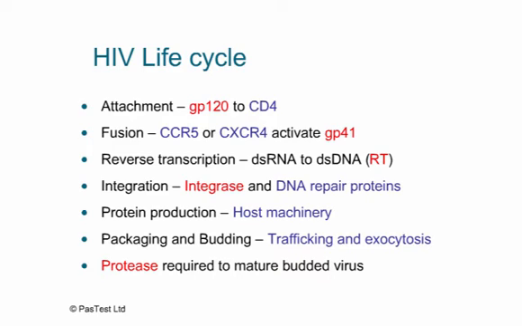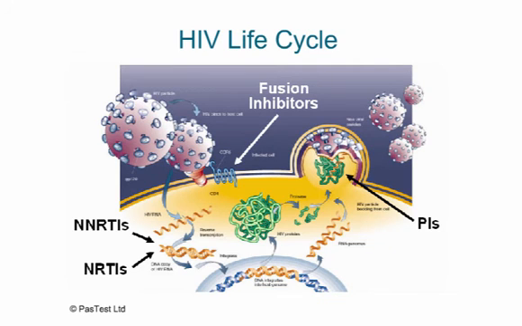So this life cycle is illustrated in this cartoon, and it also demonstrates the sites of action of many of the antiretroviral drugs. We've had for quite some time the original drugs, the NRTIs, or nucleoside reverse transcriptase inhibitors, and the second line of drugs, the non-nucleoside reverse transcriptase inhibitors, act at the point at which the viral double-stranded RNA is converted to double-stranded DNA.